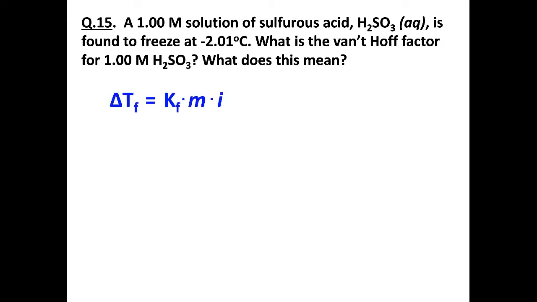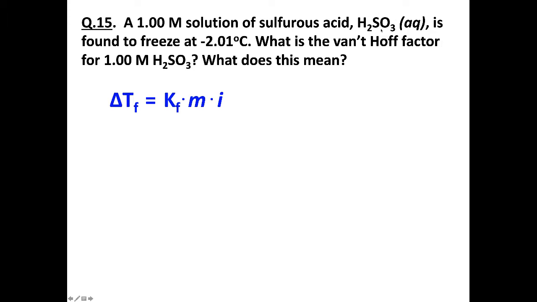We have a freezing point depression of a 1 molar sulfurous acid solution compared to water of negative 2.01 degrees Celsius. We're trying to find the van 't Hoff factor. We know the molality. Normally we determine the van 't Hoff factor by looking at the substance and saying, oh, it breaks apart into so many pieces.